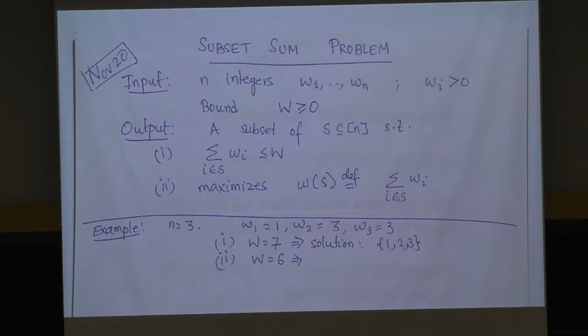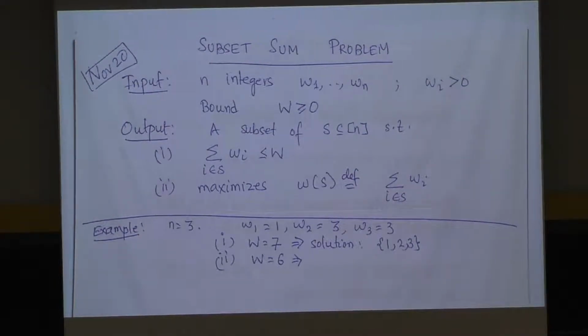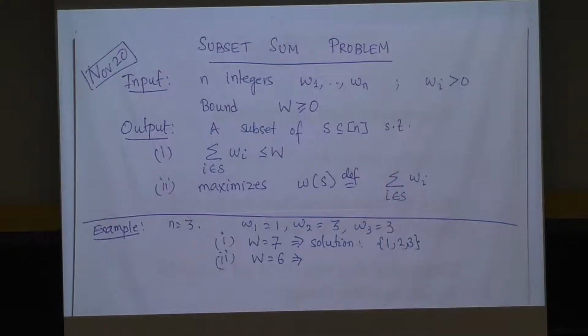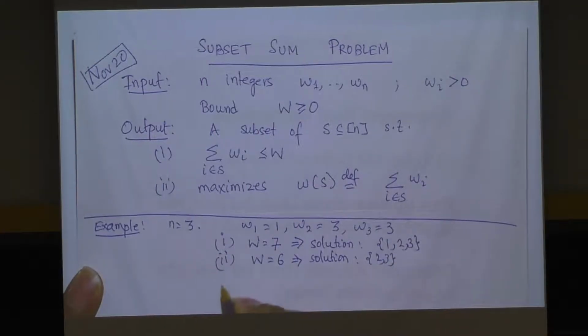So if you pick your S to be 2 and 3, it satisfies the property that the sum of the weights is less than or equal to the total bound, and it is the maximum possible. Because if you have a solution where your total sum matches exactly the bound, you cannot do any better. So in this case, the solution is 2, 3.